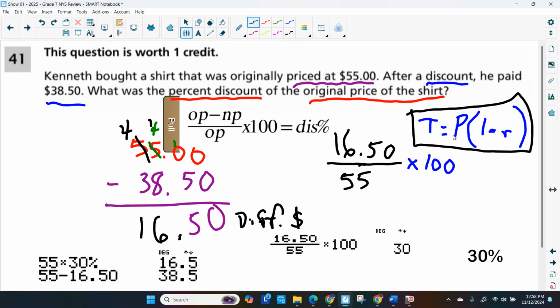P was the price of the item, where T is the total cost, P is the original price, I believe, and R is the rate or discount rate, or in this case, discount rate. So check out that video. It's a good video on using that formula. But this is what we did because it's a little bit more exact, and some people don't like shortcuts.